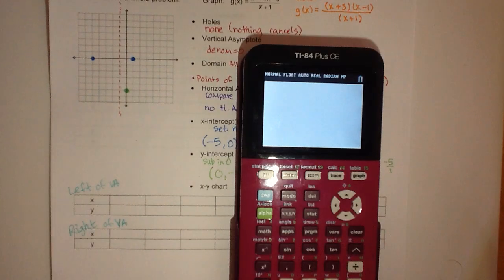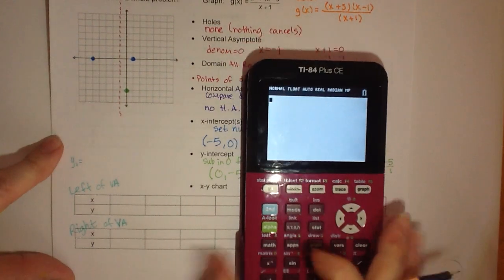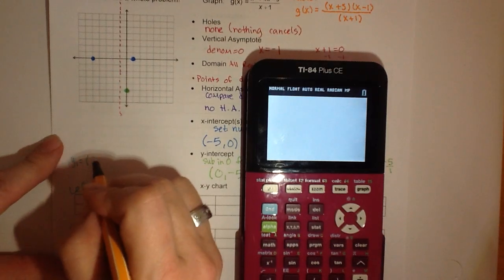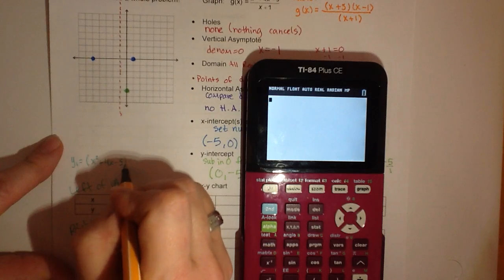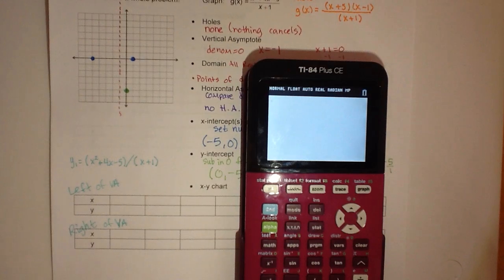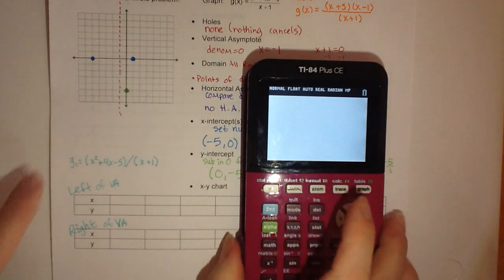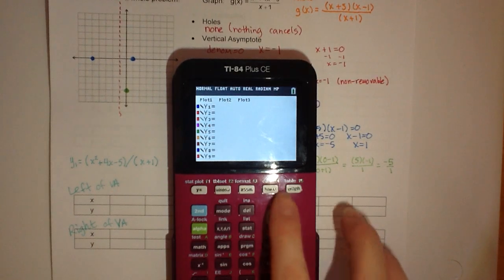So when we do that, we'll go to Y1, and we want to put the entire numerator in parentheses. So I'll have parenthesis x squared plus 4x minus 5, parenthesis, divided by parenthesis x plus 1. So we go to y equals and clear out whatever's there.